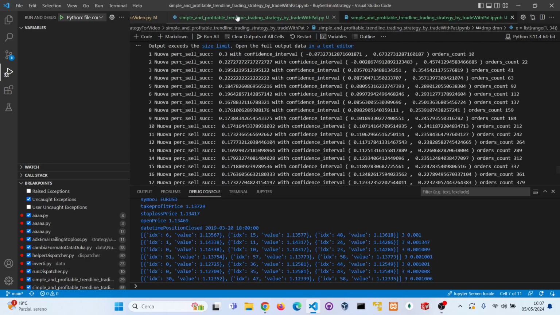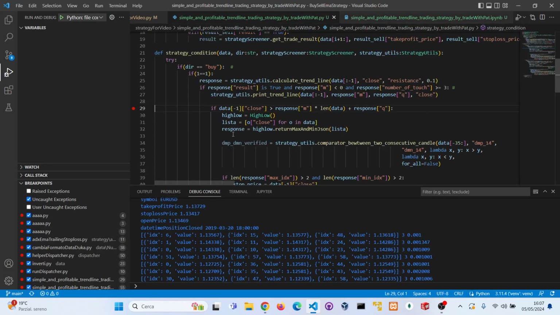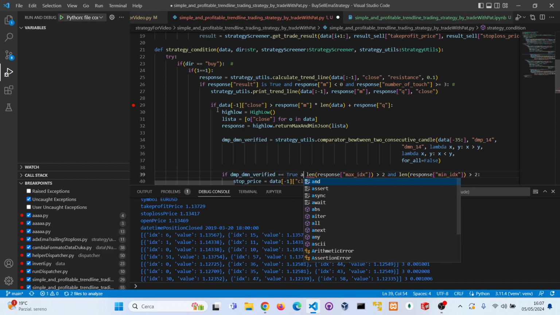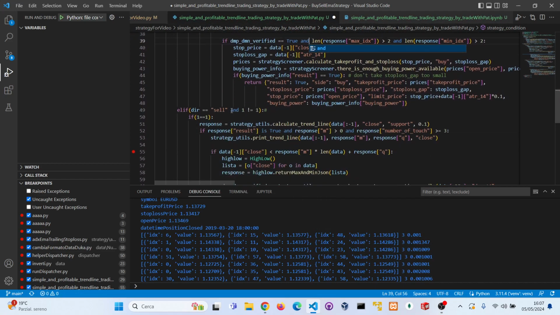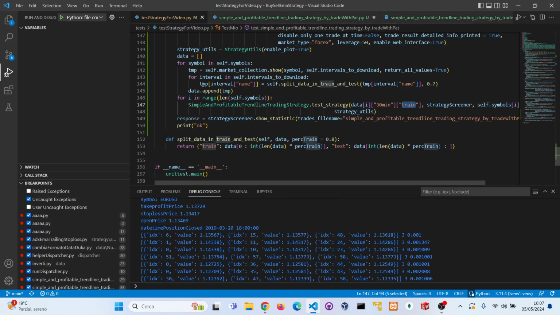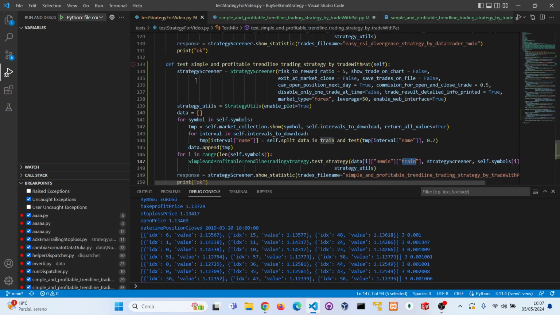So let's add this one criteria to the code of the strategy. Okay, and now let's run the strategy again and see how it performs.